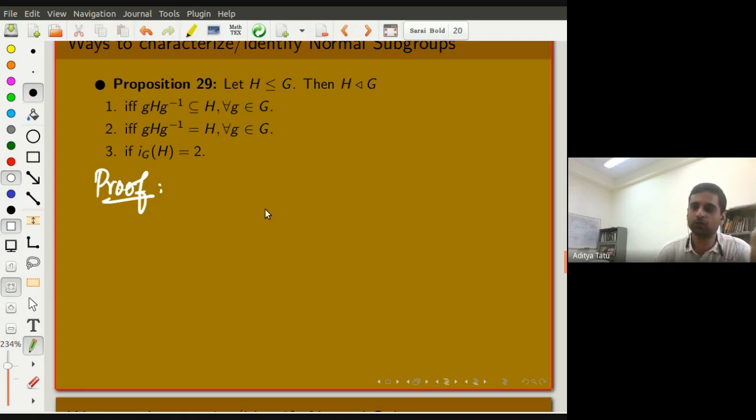What do I need to show in order to show that H is a normal subgroup? Left coset is right coset, right? What are the left cosets?